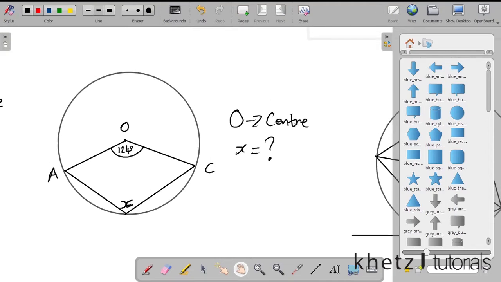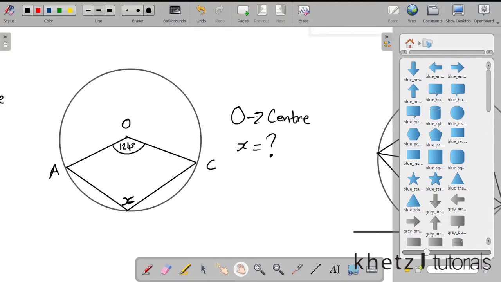So now I have this question here, given O as the center, and we are asked to find X, which is over here. And to start with, we can just find this other angle here, right? Let's call it O1. So O1 is equal to 360 subtract 124. And the reason for that would be angles around a point.